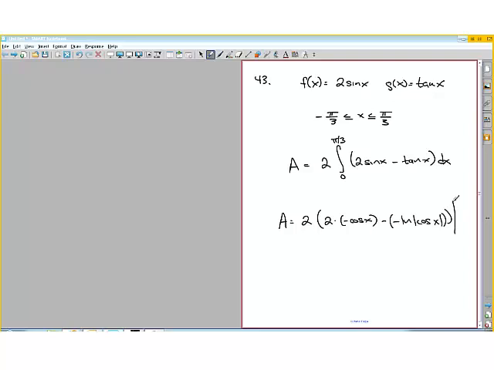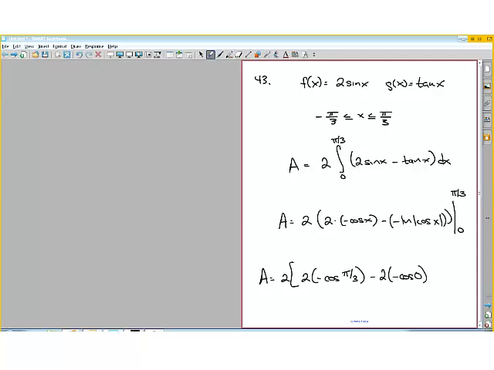And we evaluate that between 0 and pi over 3. So we get 2 times 2 negative the cosine of pi over 3. I'm going to do these separately. So then we'll subtract 2 times negative the cosine of 0.